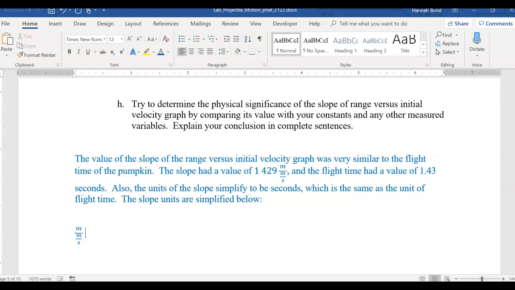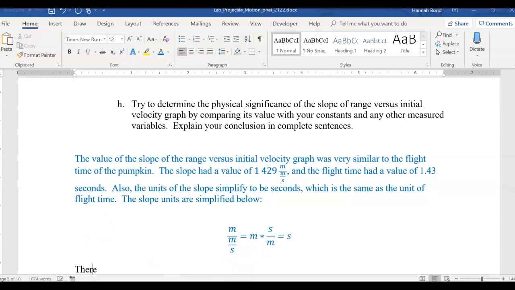When you divide by a fraction, you can bring that out and multiply by the reciprocal. The reciprocal of meters per second is seconds per meter, I'm just flipping it upside down. When I look at it this way, meters can cancel because I have a meter above the fraction bar and a meter below. And so that equals seconds.